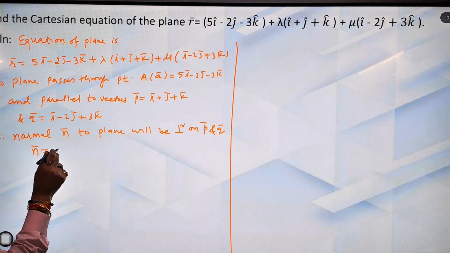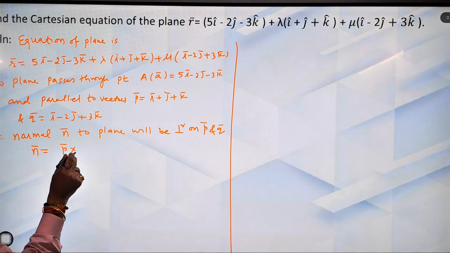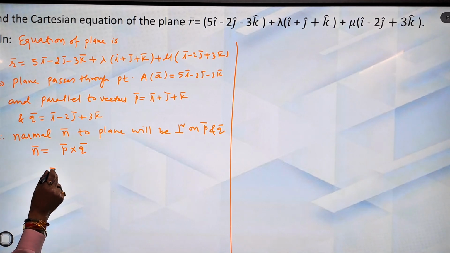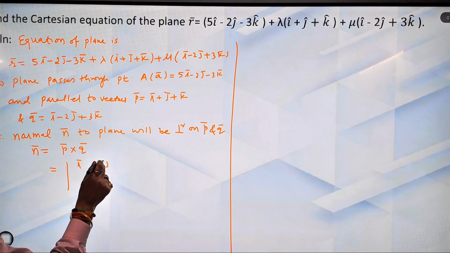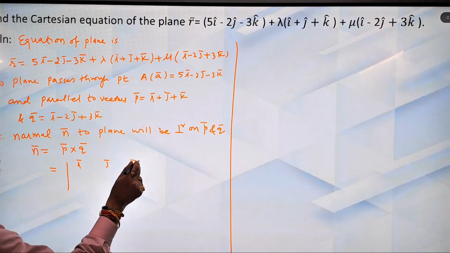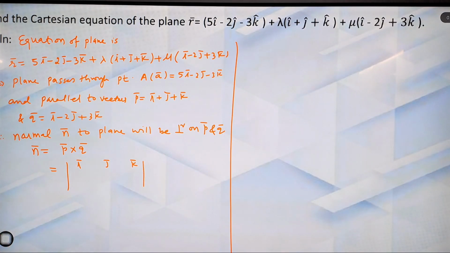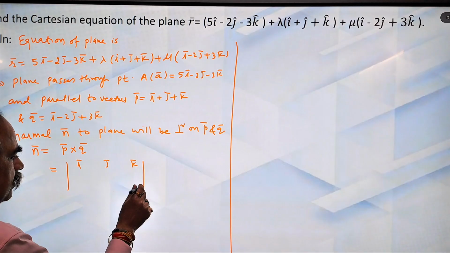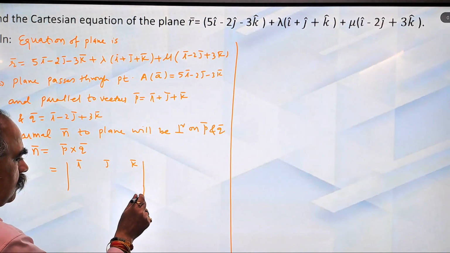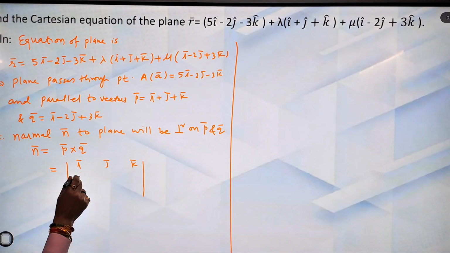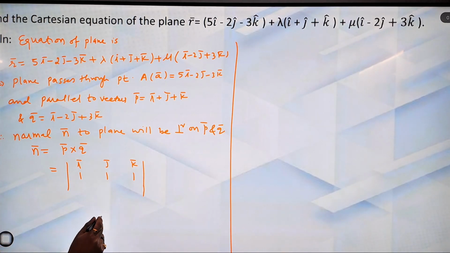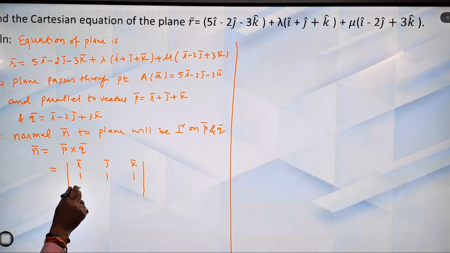So n bar is p bar cross q bar. Determinant i, j, k; 1, 1, 1; 1, -2, 3.